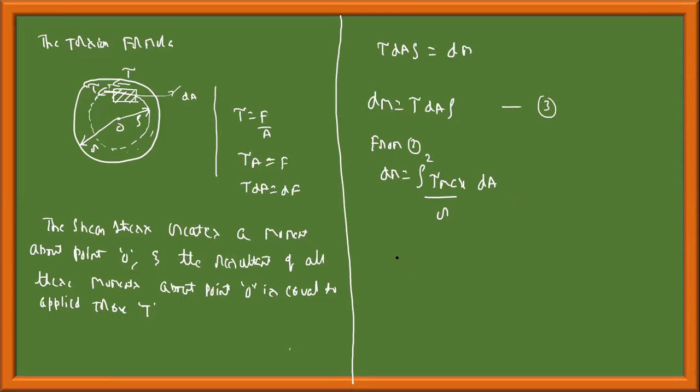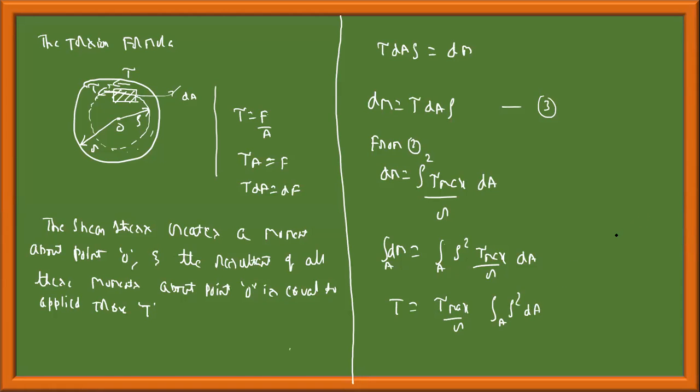If I integrate this dM throughout the area, the total moment acting on this cross section gives torque T, which is equal to tau max by r, which is constant, times the integral of rho square dA.